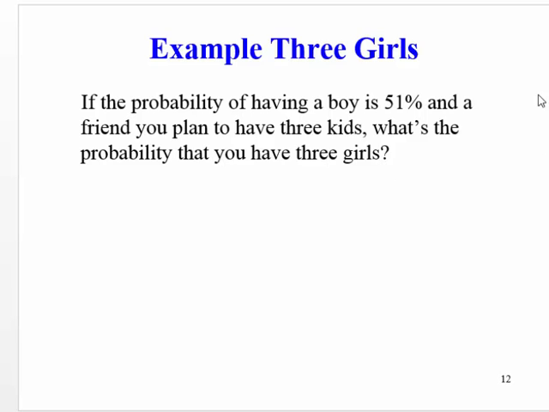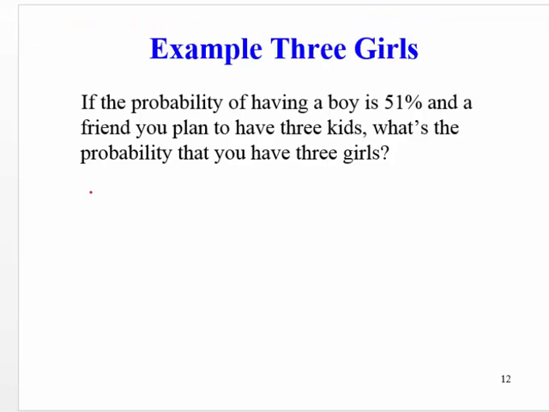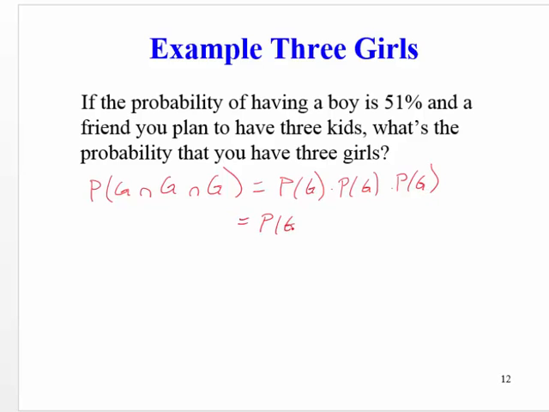Well, the probability of a girl and a girl and a girl is just equal to the probability of a girl times the probability of a girl times the probability of a girl, which is equal to just the probability of a girl cubed.